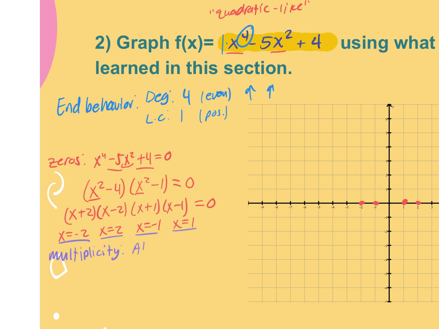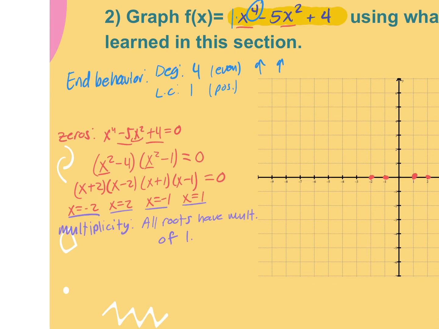So all solutions, or all roots, have a multiplicity of 1. We had said before that odd multiplicity means that we cross the x-axis at that point. That'll help us when we graph.